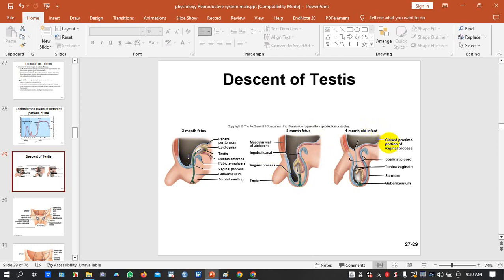Then 1 month after birth, the testis fully enters the scrotum. Then this processus vaginalis, or vaginal process, is closed, so that there will not be any connection between the vaginal process in the scrotum and the abdomen. It should be closed. If it's not closed, that is what brings about inguinal hernia.